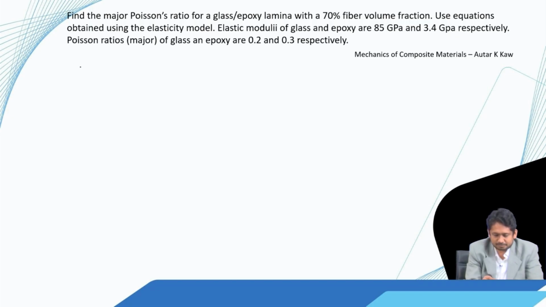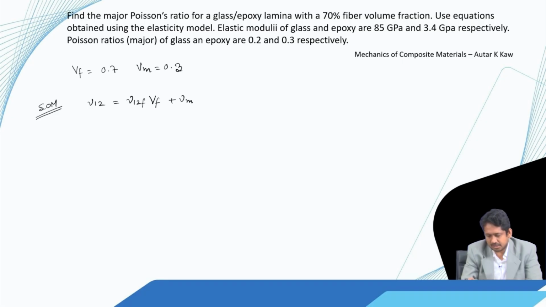So, we have again Vf equal to 0.7 and accordingly Vm comes to be 0.3, and from the strength of material based approach, if we find it for the sake of comparison, nu12 comes out to be nu12f multiplied by Vf plus nu m multiplied by Vm.